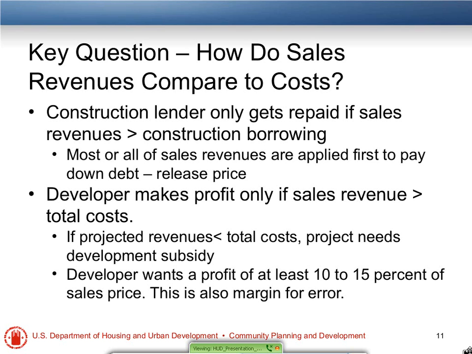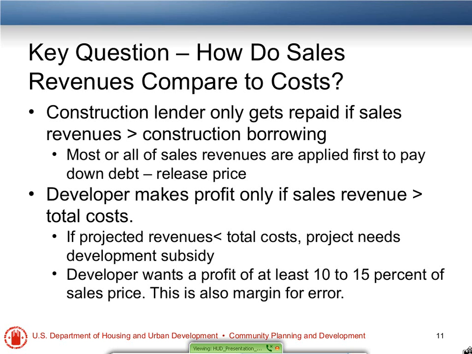One of the exceptions to that is if the construction lender allows for a release price, and that would mean that the construction lender would take the majority of the sales proceeds, but maybe not all, allowing the developer to take a small profit for each sale. But the majority, again, of the sales price would still go to the lender to repay the construction loan.